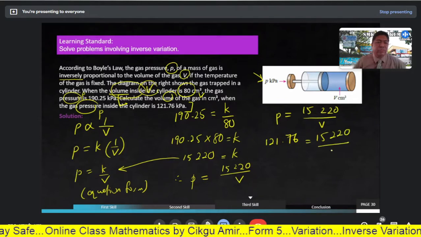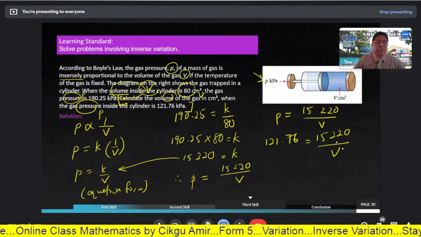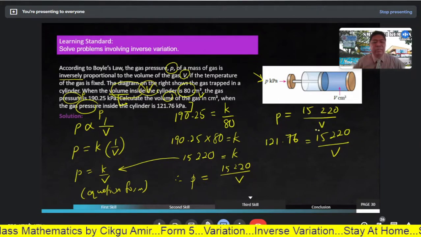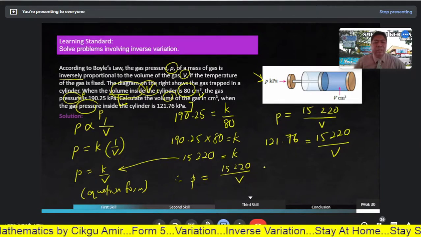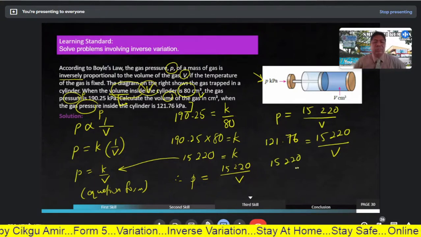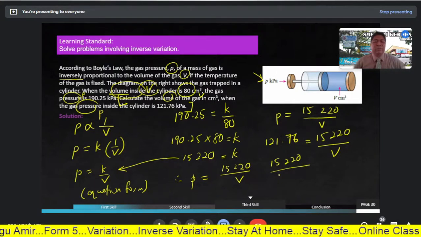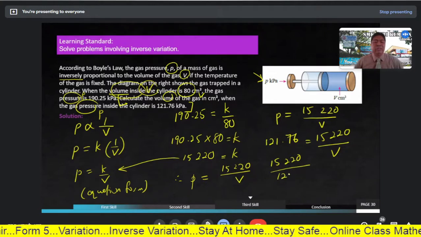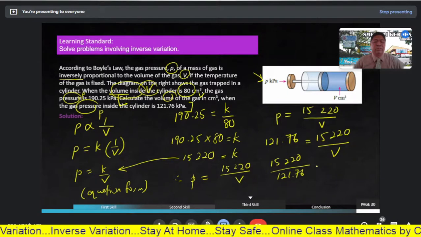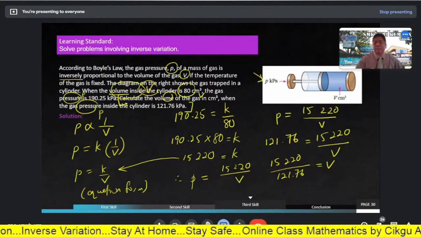To find V, we move V to the left side and 15,220 divided by 121.76 equals V.